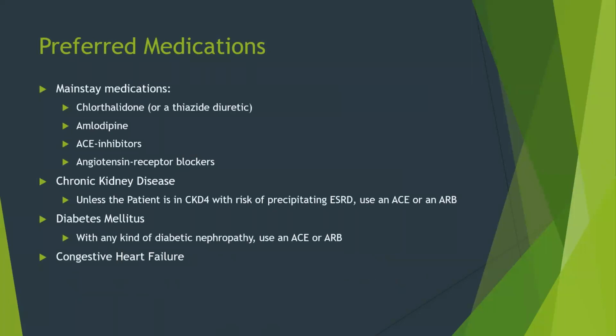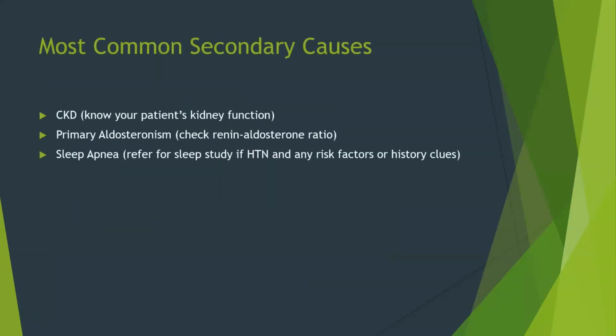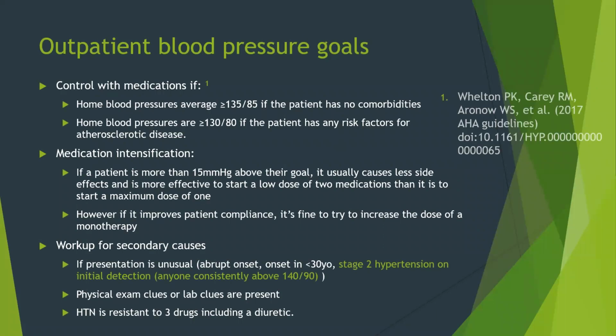Even if someone is controlled on 3 medications, but their blood pressure is occasionally fluctuating above 140 over 90, I'll just screen for it. If their initial presenting blood pressure is 140 over 90, or that's their blood pressure without medications, I'll screen for it. That's part of the decreased threshold for screening for secondary hypertension.